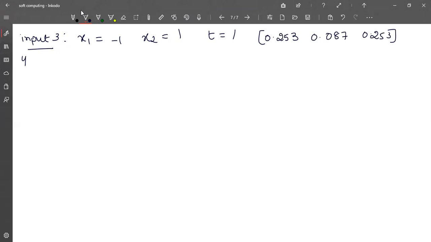Now calculate net input. Bias value 0.253 plus W1 0.253 into x1, which is -1, plus W2 0.087 into 1. So this you will be getting 0.087.